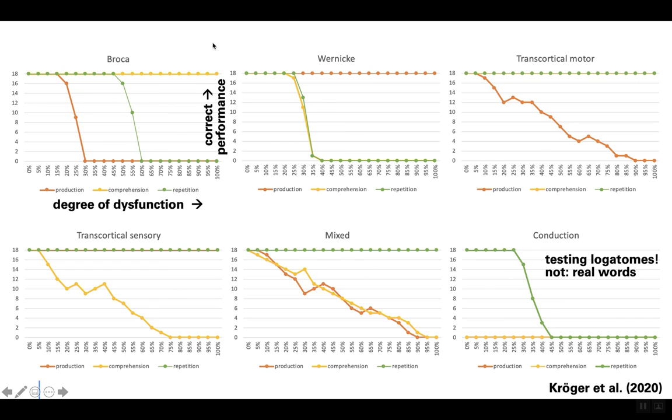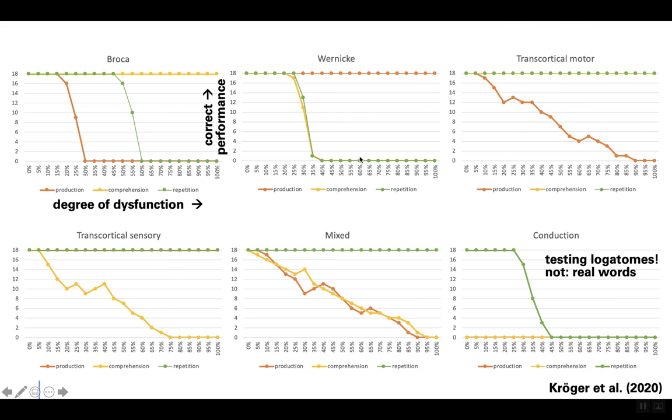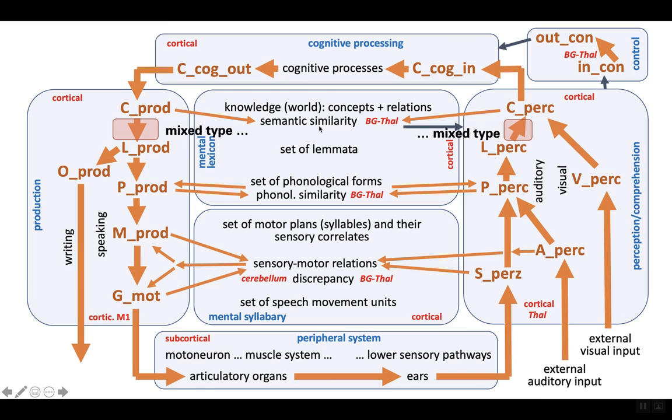That is not surprising, but the model, of course, is able to reproduce the correct behavior for each neural dysfunction modeled on the level of the architecture. So if we apply a well-known dysfunction to a well-known functional portion of the model, a well-known buffer, then we of course get these typical well-known symptoms of this type of disorder, of this type of aphasia in this case.